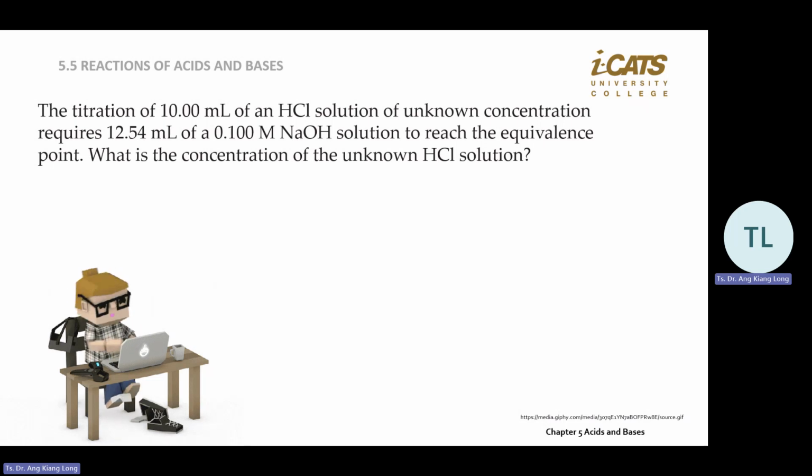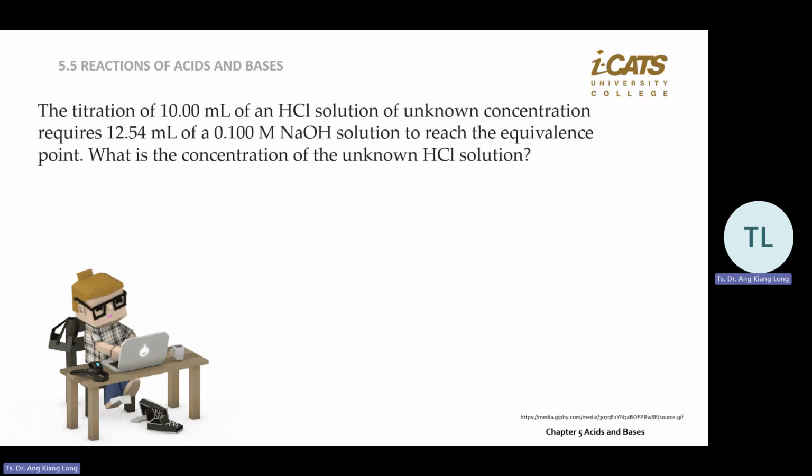In titration, you are given a volume of acid of unknown concentration. Maybe I erase something on the whiteboard. Sometimes it is useful to draw on the question. So you are given HCl, 1.0 ml. For test 2 or the final exam, please give a minimum of 2 decimal places, or 2 significant figures.